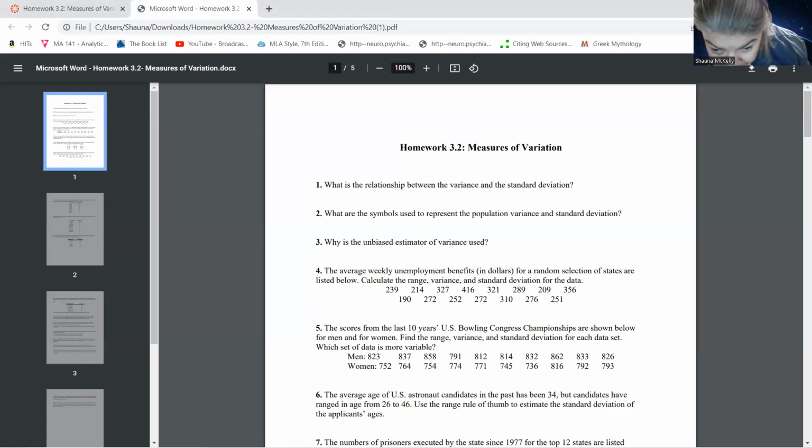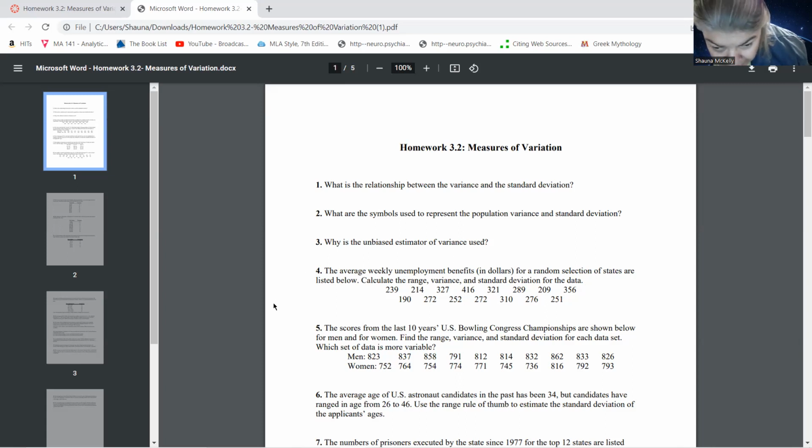So the first question is, what is the relationship between the variance and the standard deviation? What are the symbols used to represent the population variance and the population standard deviation? And why is an unbiased estimator of variance used?